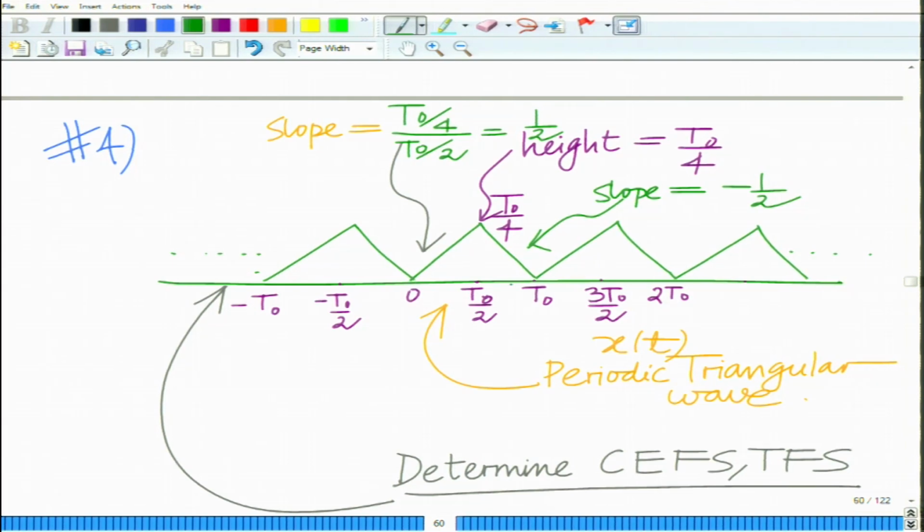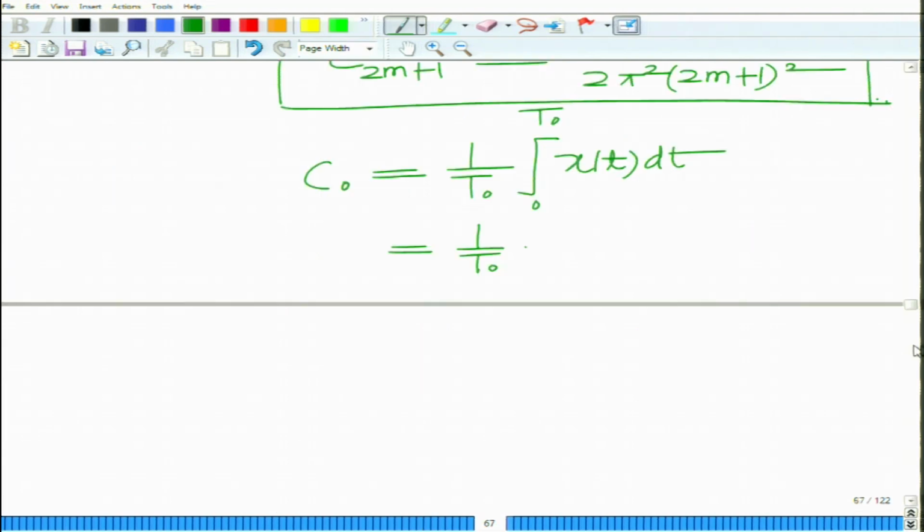In a triangular wave, the area is half base into height, that is half into T naught into T naught by 4. So, this is 1 over T naught into the area, half into T naught into T naught by 4, which you can see is T naught over 8.